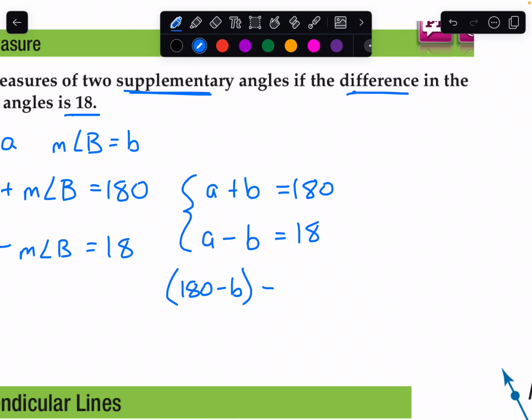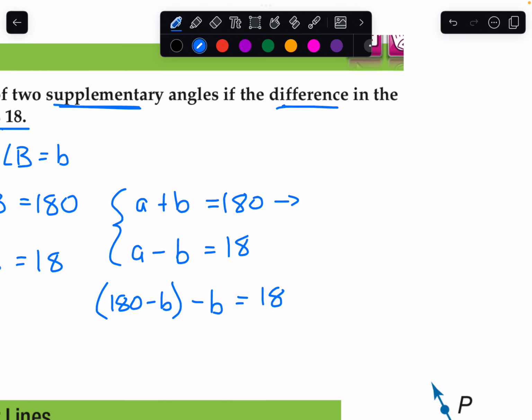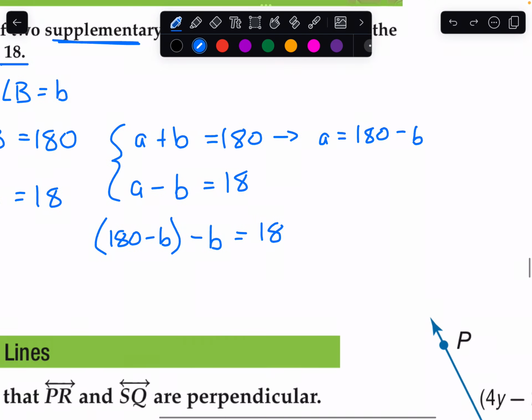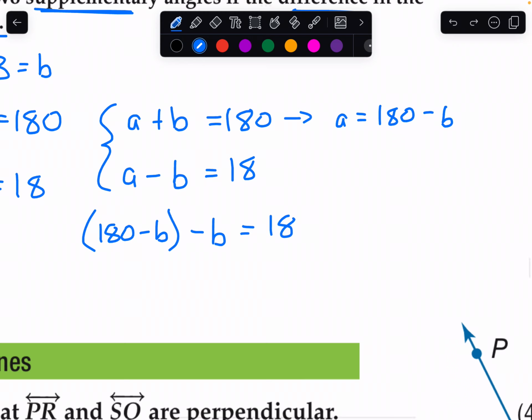So 180 minus B minus B, that's 180 minus 2b, equals 18.